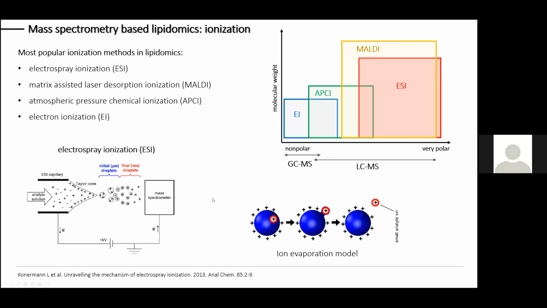For small analytes such as our lipids, it's usually postulated that ionization happens by the ion evaporation model, when the ions pop out of those big droplets and are directed to the entrance of the mass instrument. If you are interested in reading more about that, I always put some literature here, which you can check out afterwards.